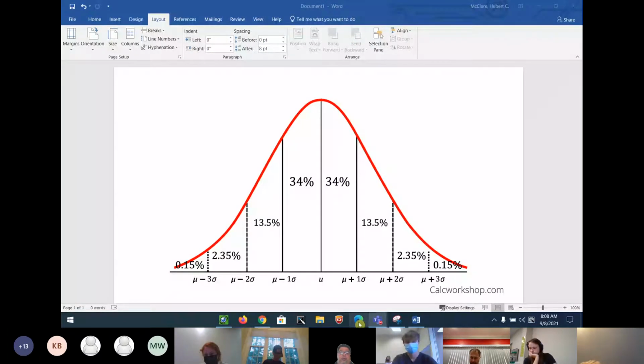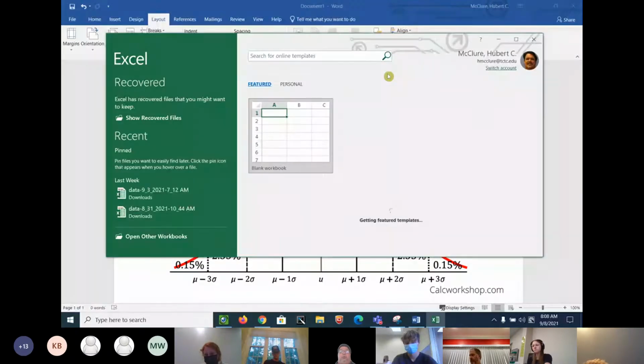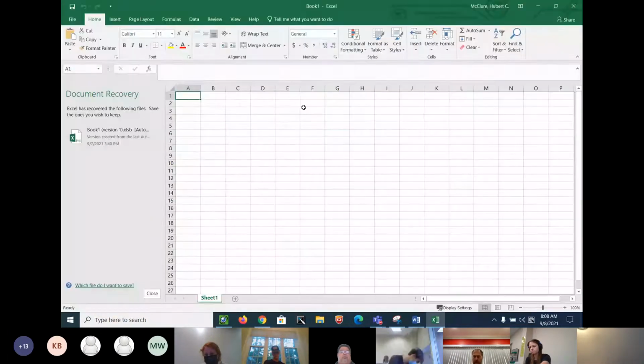So I'm going to pull up the Excel spreadsheet, and I'm going to do a few extra data because I want to do the 5-number summary. So I have to have more than 5 numbers to do the 5-number summary.